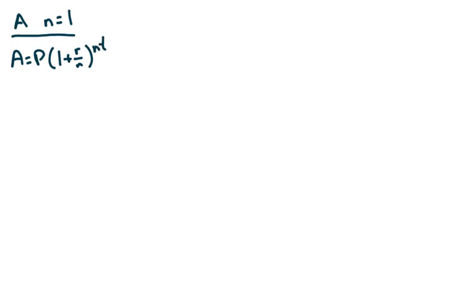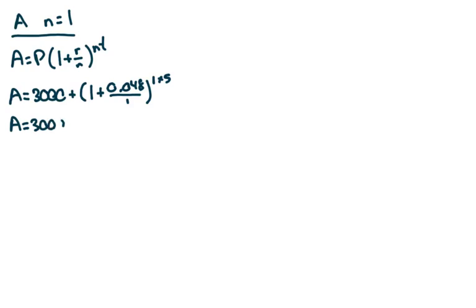Writing out the formula, we know principal of $3,000, r 0.048, n is 1, exponent is 1 times 5. Working this out, 0.048 divided by 1 is 0.048. Exponent is 5.